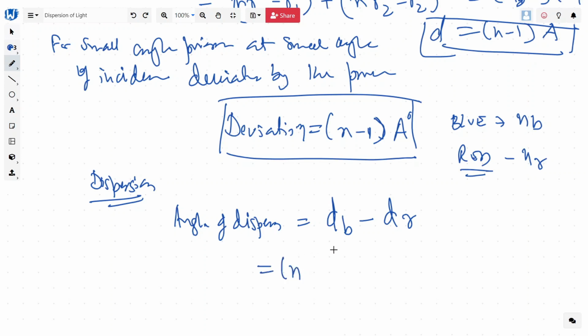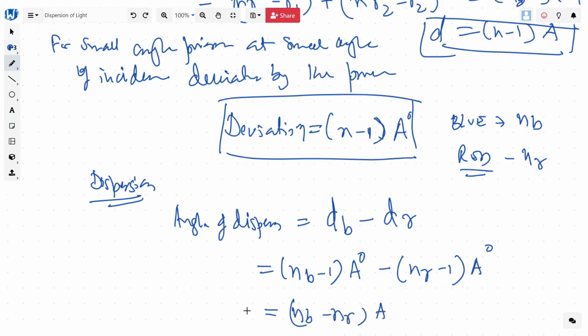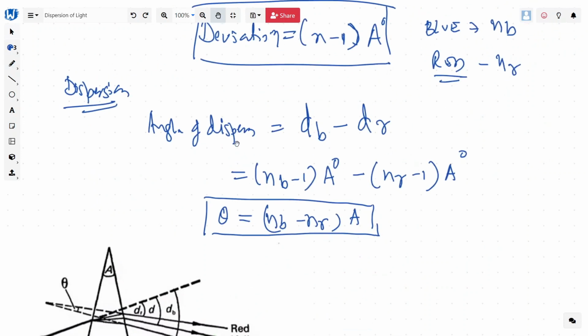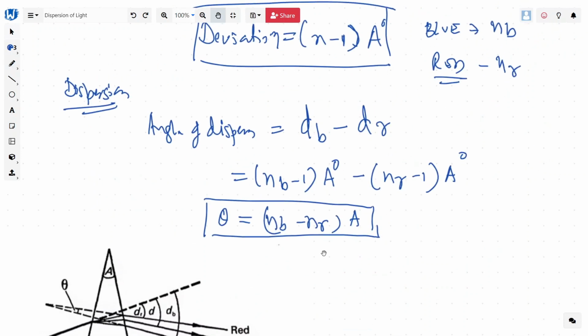It's going to be NB minus 1 into A, minus NR minus 1 into A. When we do that, we'll have NB minus NR into A, and that is going to be equal to theta. That's what we are looking for, the angle of dispersion. So this formula is also important, so please remember that.